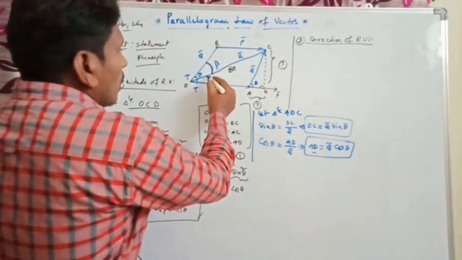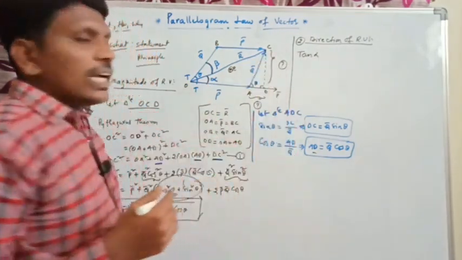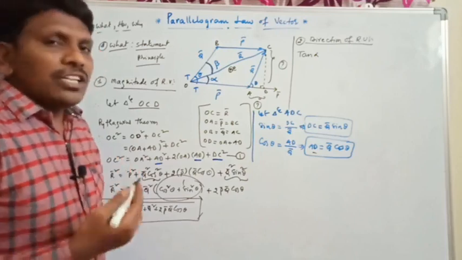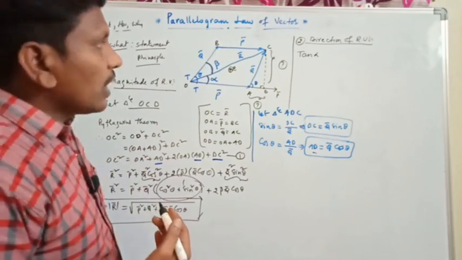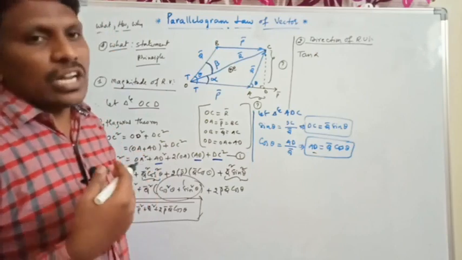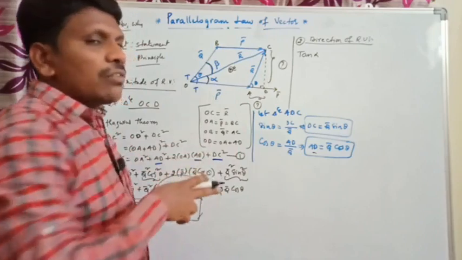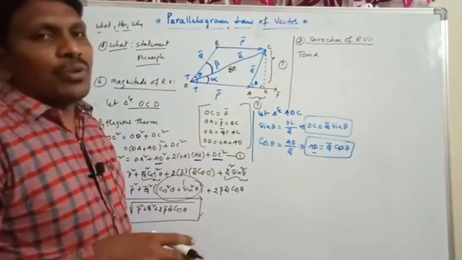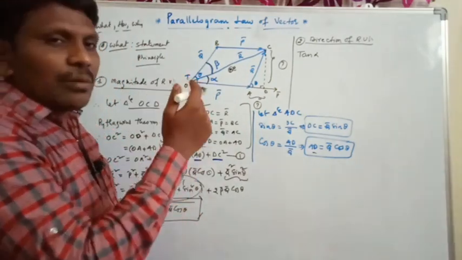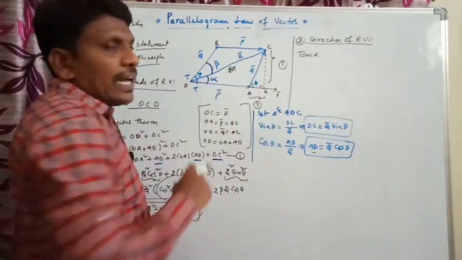So here I am taking tan alpha. Why should I take tan? Tan is sine by cos. Sine is the vertical component, cos is the horizontal component. The resultant vector has both components, the vertical component and the horizontal component. That's why I am taking tan.